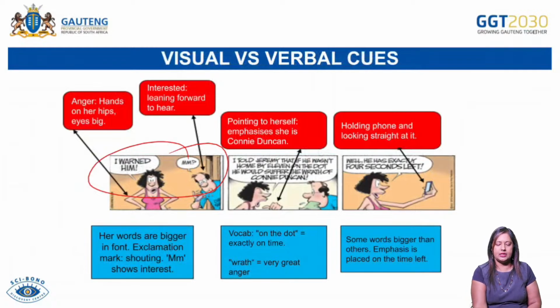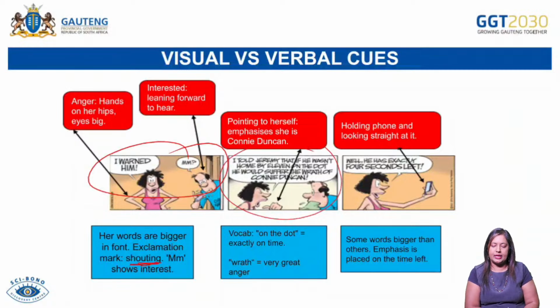Then look at how the words are structured. So it's in a bigger font, the exclamation mark showing that the mother is shouting about what she is talking about. Then look at the second frame here, where it says, "I told Jeremy that if he wasn't home by 11 on the dot, he would suffer the wrath of Connie Duncan!" And again, the exclamation mark there.